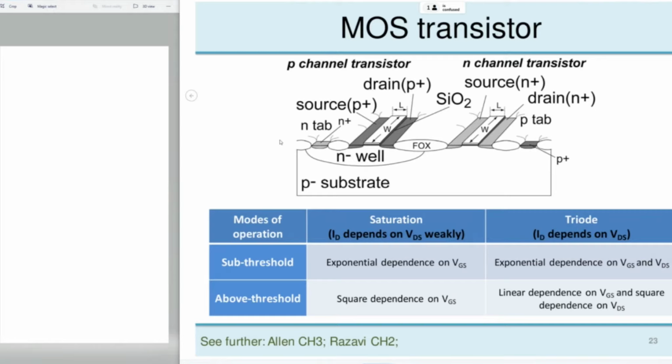So the NMOS transistors are directly implemented in the P-substrate. And here what we have is the P-tap. This is the bulk connection of the transistor, the connection through which we bias, put the potential of the substrate.